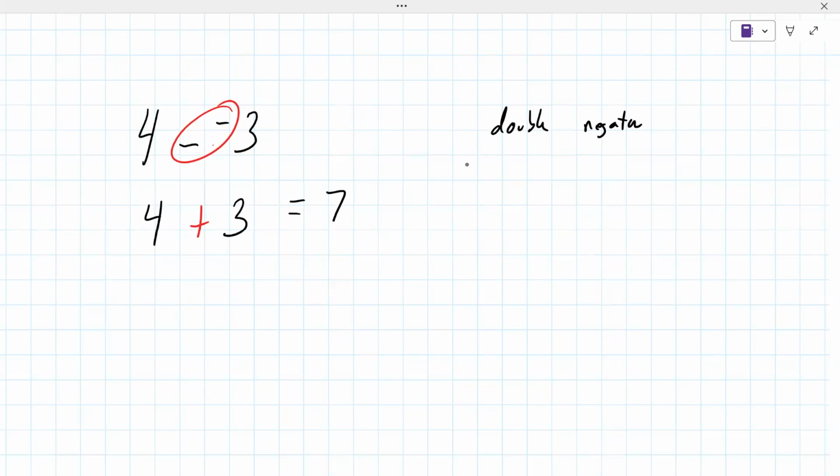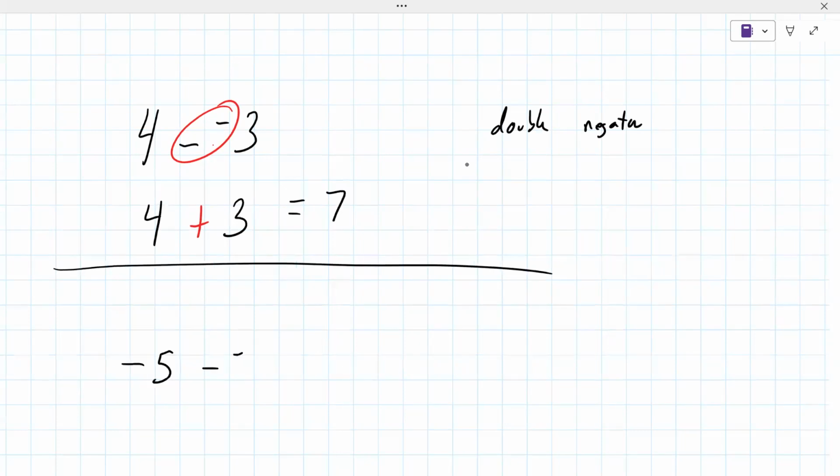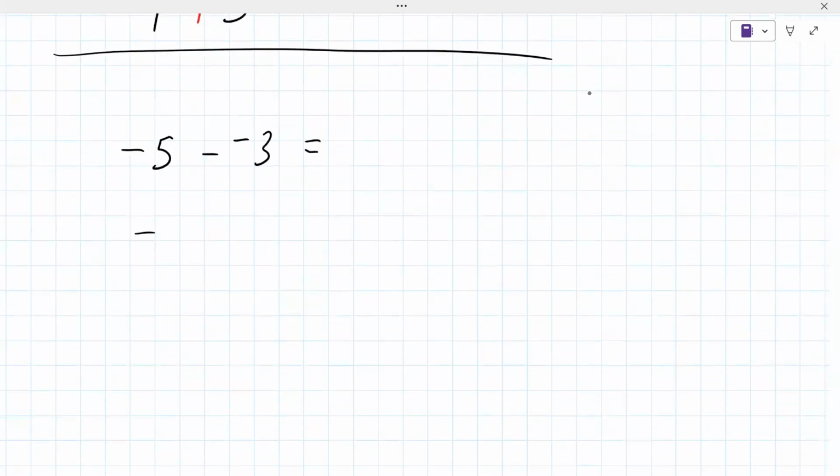Here's another example: -5 minus a -3. So it'll be -5 plus 3. Now I want you to do it from here. You've got 1 negative and 1 positive. Tell me the result, please. So am I subtracting or adding?